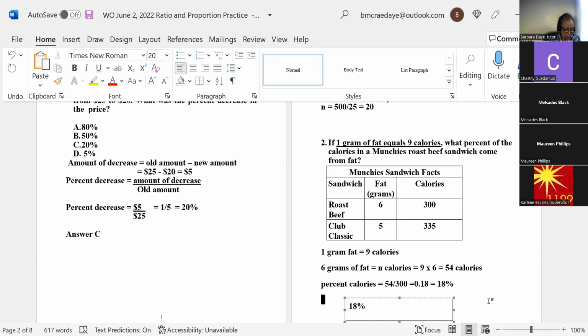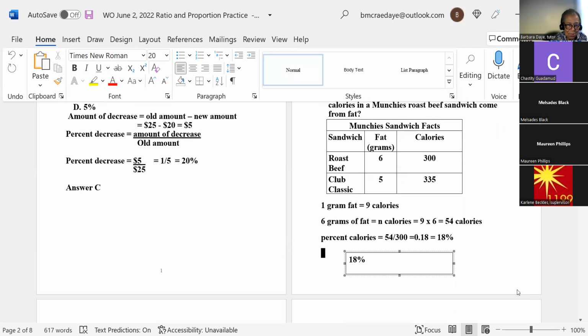No, I want you to solve it and give me the answer. Maureen, you solving it? I'm changing the question. It's still 1 gram of fat, 9 calories. What percent of the calories in a club classic sandwich come from fat? What is the answer? Just give me the answer in percent.